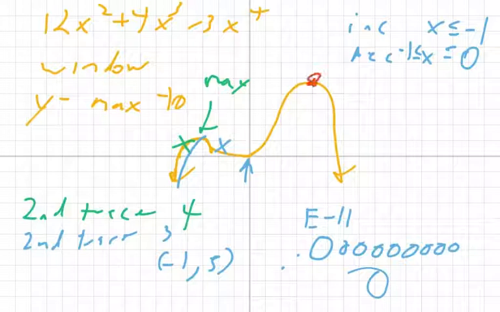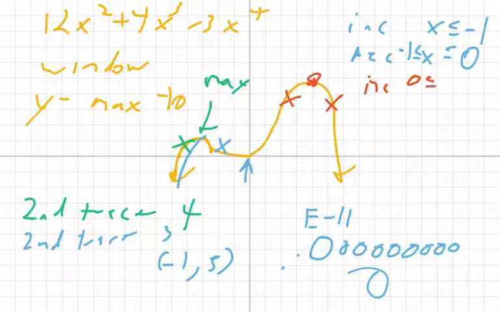Next we need to find this point, which is a maximum again, so we're going to use second trace 4. Left side, then right side, then enter, and the x value is at 1.999 on my calculator, which means we're really going from 0 until 2, because we're increasing from this point to this point.